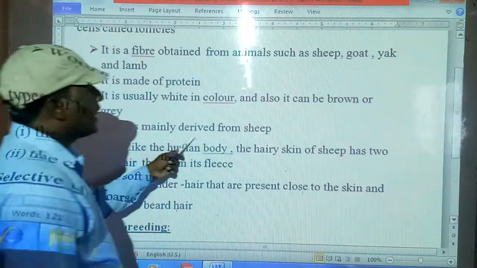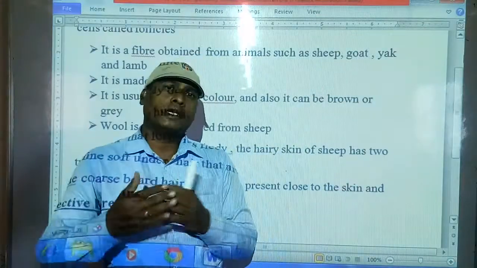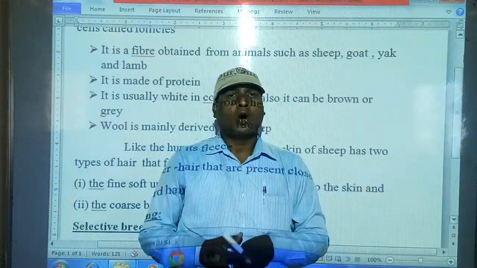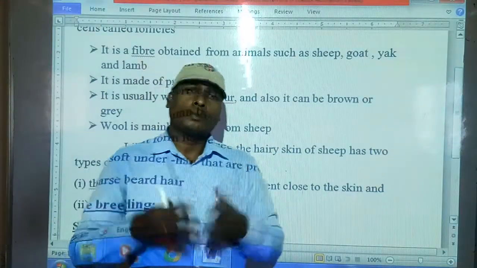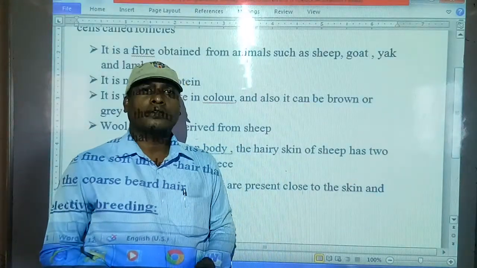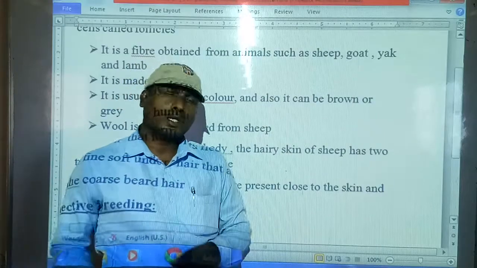Wool is mainly derived from the sheep. If we look carefully, we can get it from yak, and we can get it from the goat also, but the maximum wool we collect is from the sheep. There are different types of sheep in our India, and we get wool from the sheep.